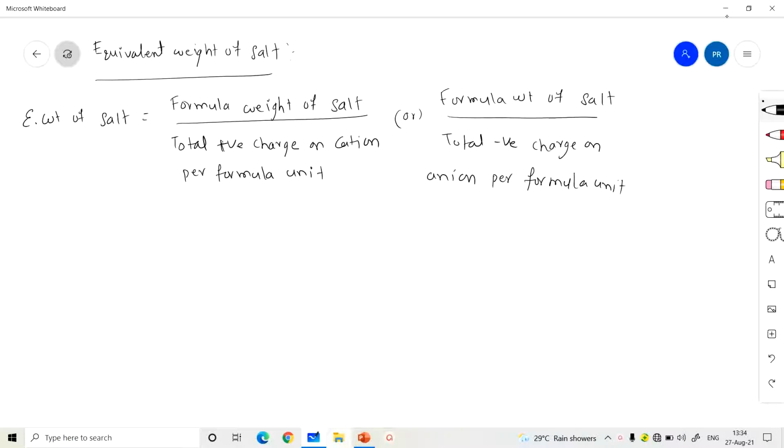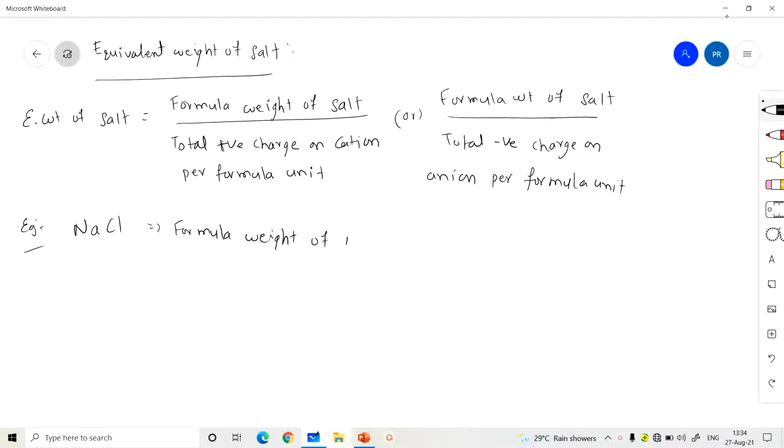Okay, so to understand this one, I will take a few examples, then you can understand easily. For example, if you take salt, table salt, sodium chloride, exactly. So now calculate that formula weight first.